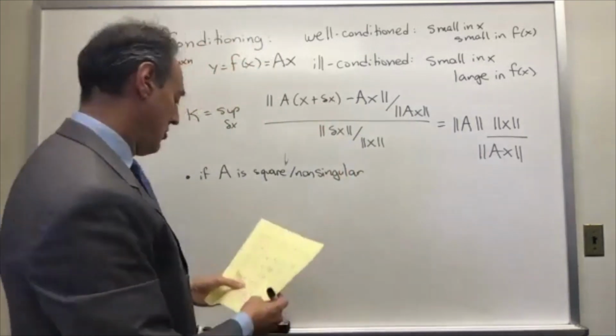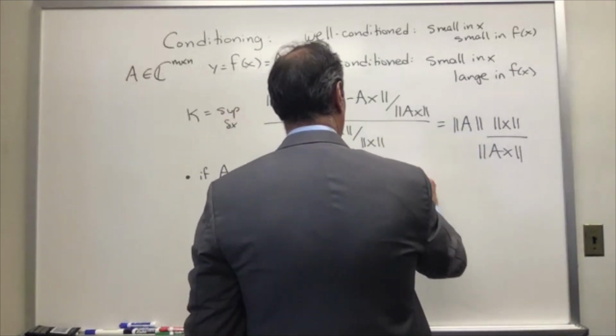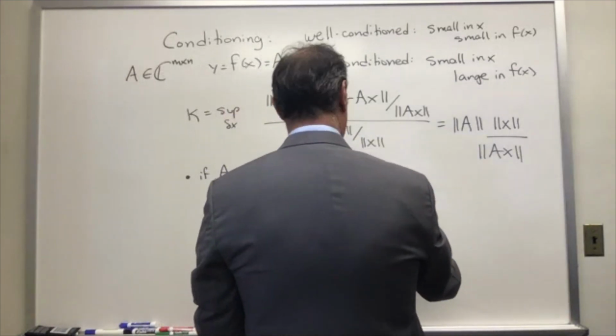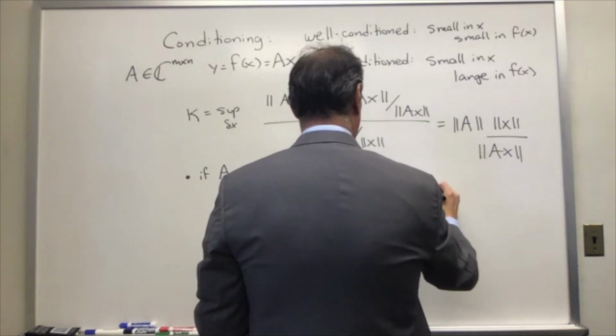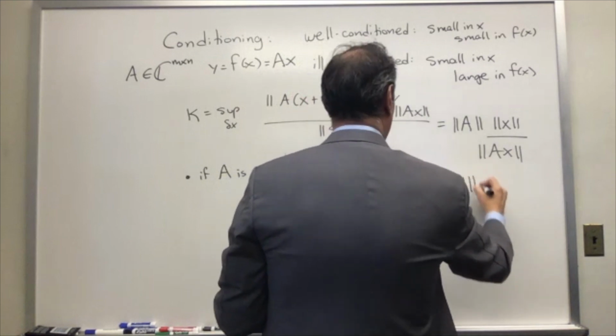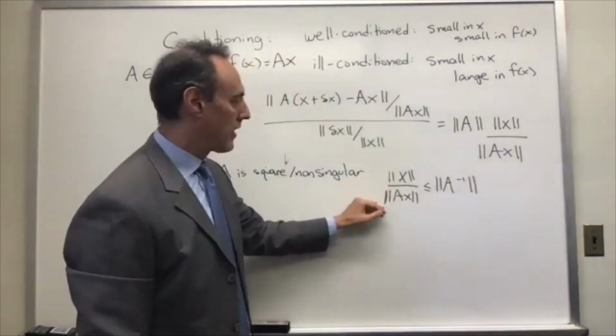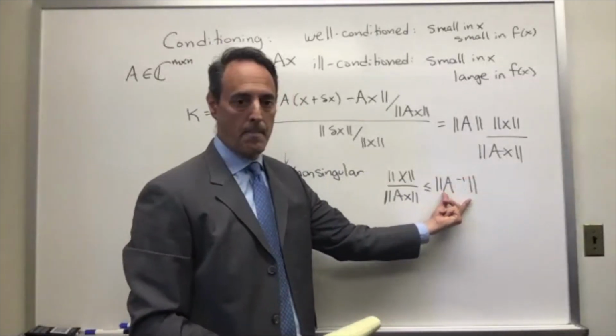Now, the reason I'm going to do this is because what you can show, through an easy identity computed through triangle inequalities, is that the norm of x over the norm of Ax is less than the norm of A inverse.